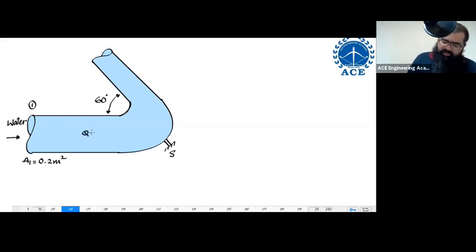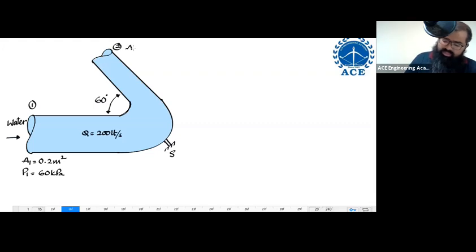The discharge of flow over here is, let us say, equal to some 200 liters per second. The pressure at section 1, let us say, is equal to some 60 kilopascal. Section 2, let us say this is section 2.